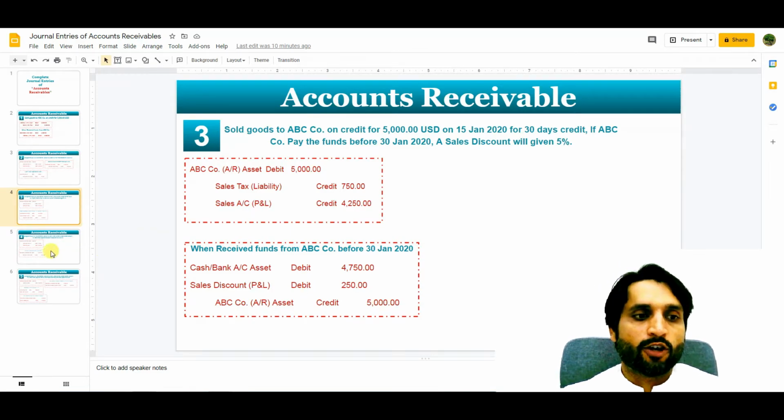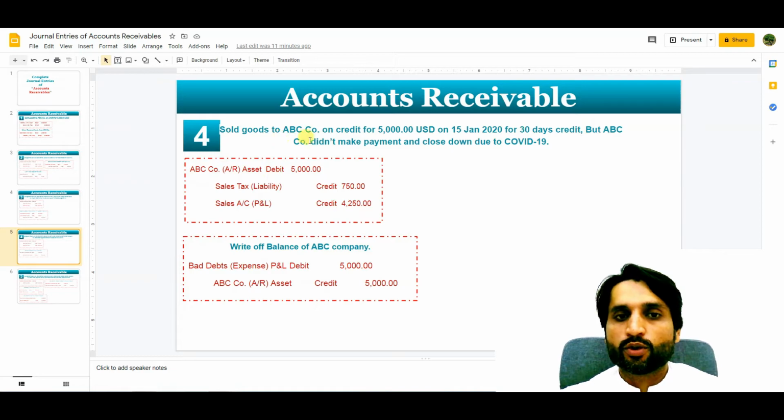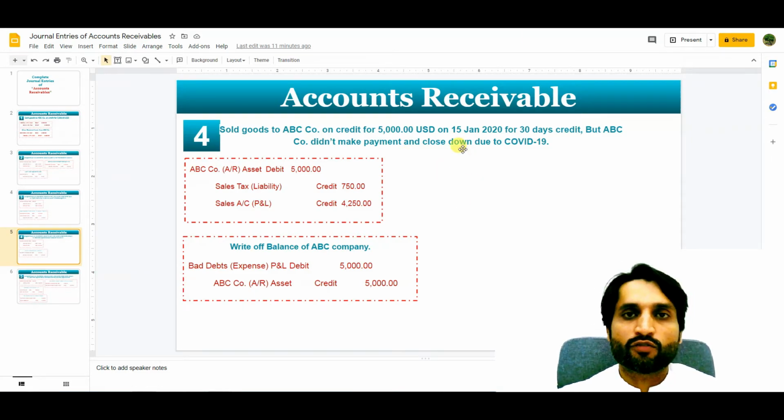Now the fourth scenario: sold goods to ABC company on credit for 5,000 US dollar on 15th January for 30 days credit, but ABC company couldn't make payment and closed down due to COVID-19. Most of the companies are closed due to COVID-19.